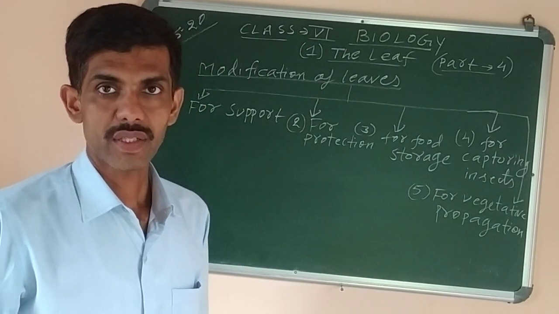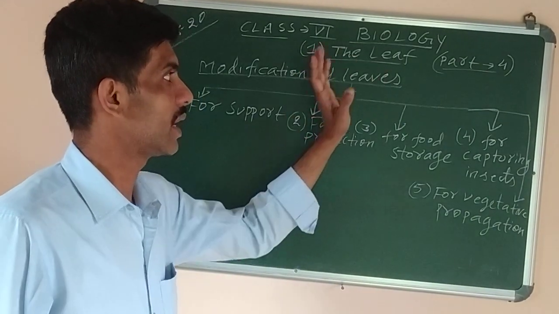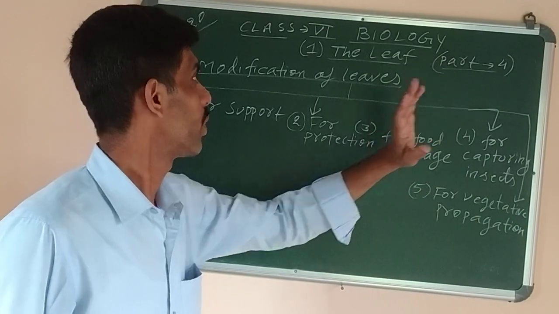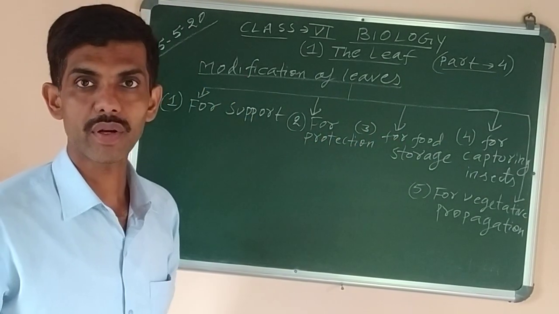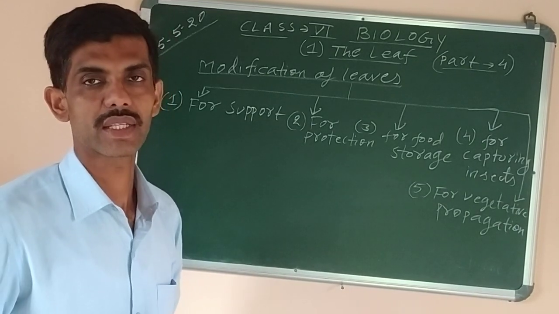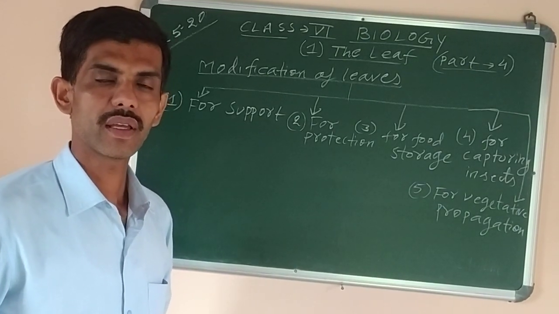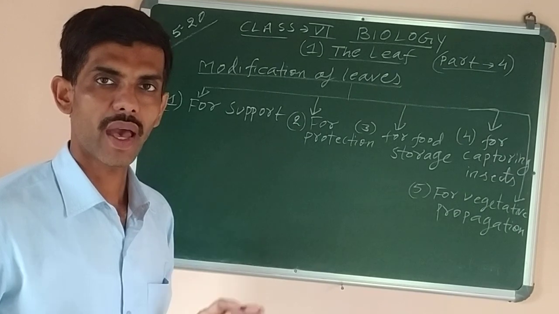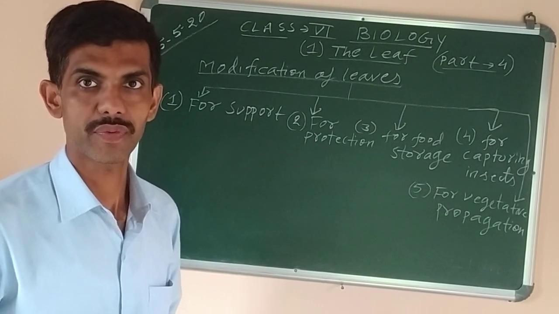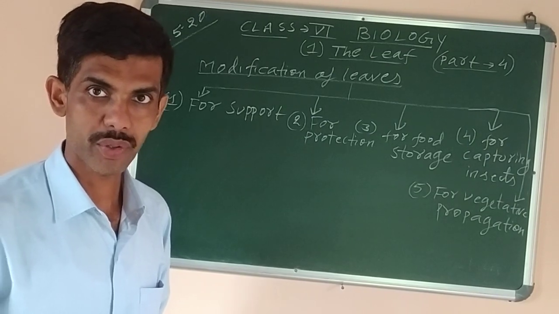In our previous class, we had already started the first chapter, the leaf. Today we are going to end this chapter, the last part 4, in which we are going to study about modification of leaves. Modification means changes. You know that generally leaves have the main function, that is to make food, synthesize food by the process of photosynthesis.